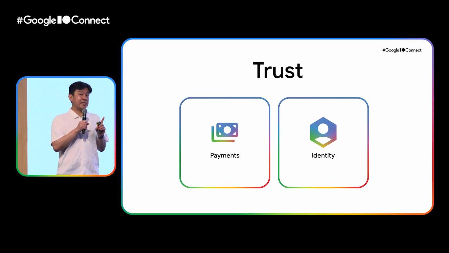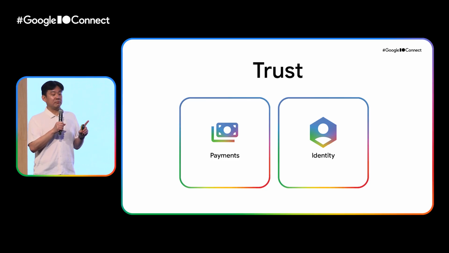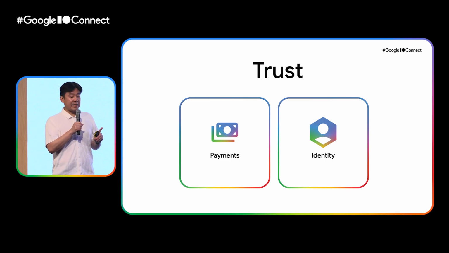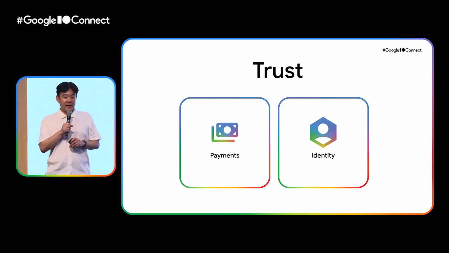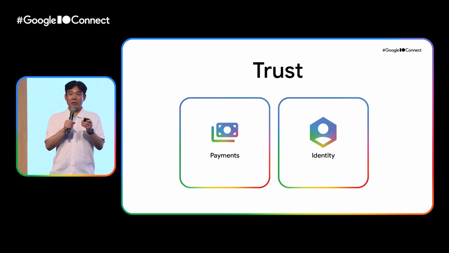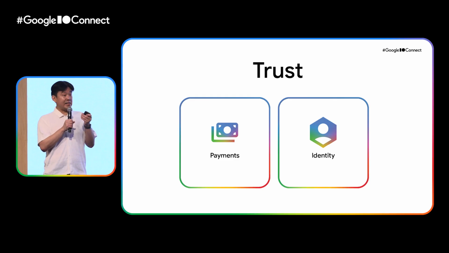And if you look at every major shift in computing, we always have to rewrite two core foundations: how we pay for things and how we prove who we are. For agentic AI to work, these agents cannot ask you for your credit card or for your ID at every single step. If they do, the magic is gone. They need secure, controlled access to your details in order to establish accountability.